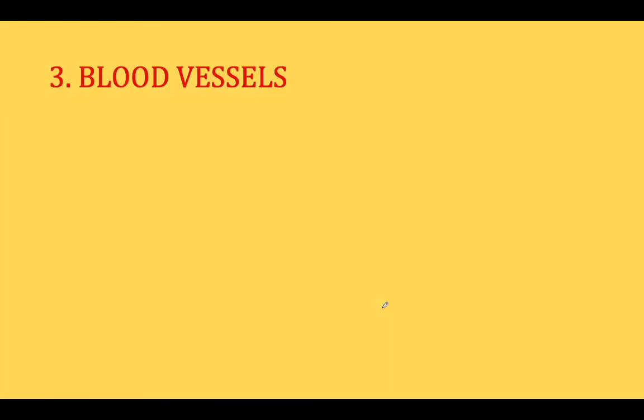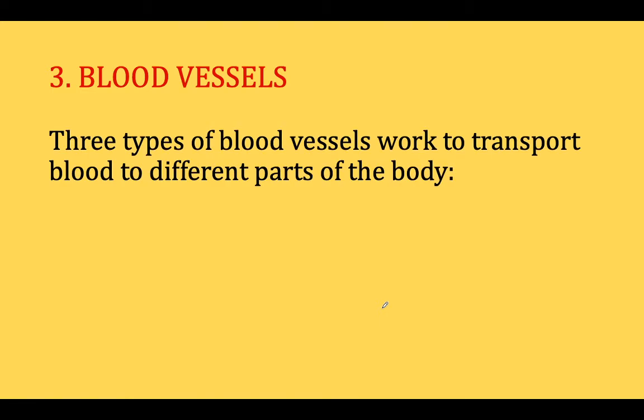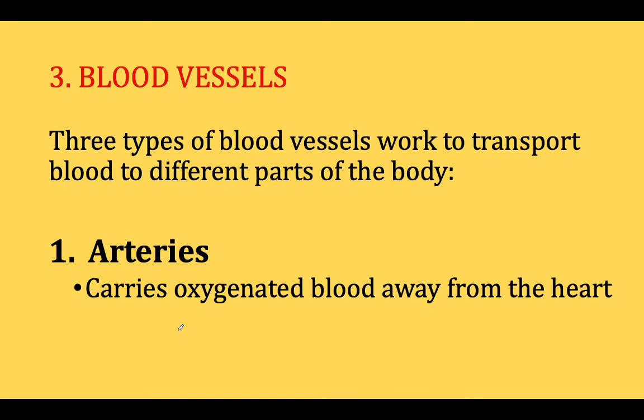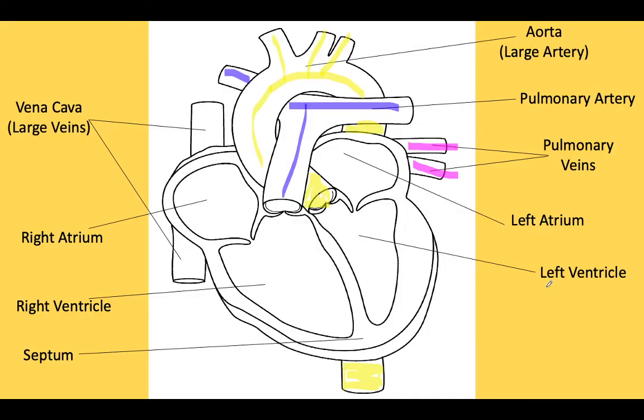Our third component of the circulatory system, so we looked at blood, we looked at the heart, now we're going to look at the blood vessels. There are three types of blood vessels that work to transport blood to different parts of our body. The first of it being arteries. And arteries carry oxygenated blood away from the heart. So let's take a look at our structure again.